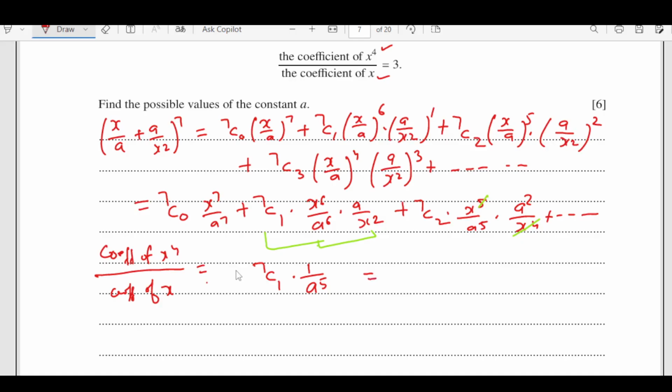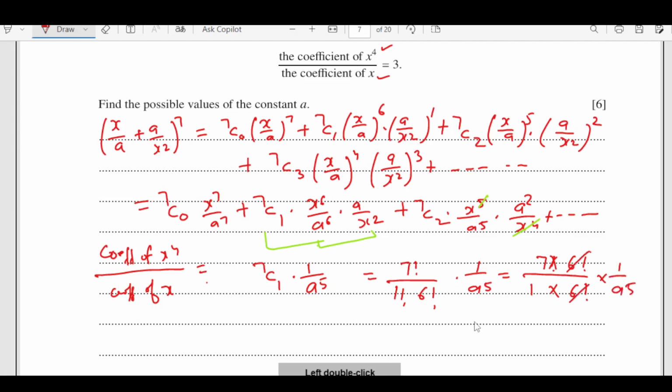So this will be 7 factorial over 1 factorial into (7 minus 1) that is 6 factorial into 1 over a^5. If you simplify, this is 7 times 6 factorial over 1 times 6 factorial into 1 over a^5. So this and this is gone. So we have here 7 over a^5, right?